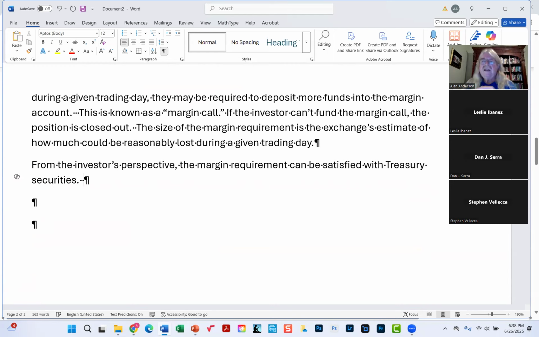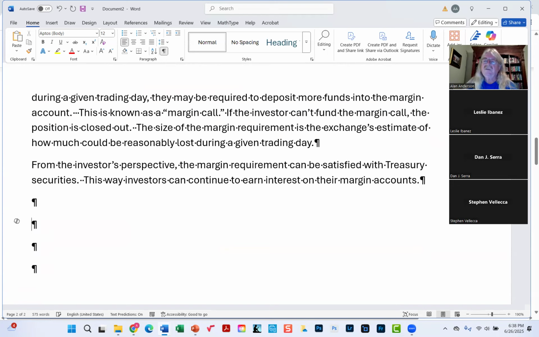That means if I have a treasury bill worth the amount that they're asking for, I can just use that as collateral. Why does that help? Because that means I'm still earning interest while my money is tied up in this margin account. So this way, investors can continue to earn interest on their margin accounts. Okay, that's a huge deal. Otherwise there's a huge opportunity cost to holding money in a margin account.